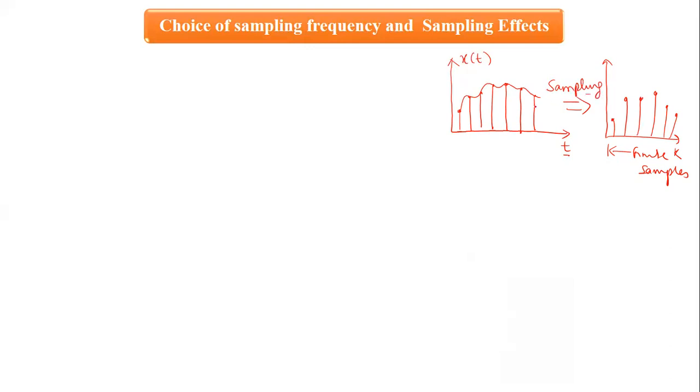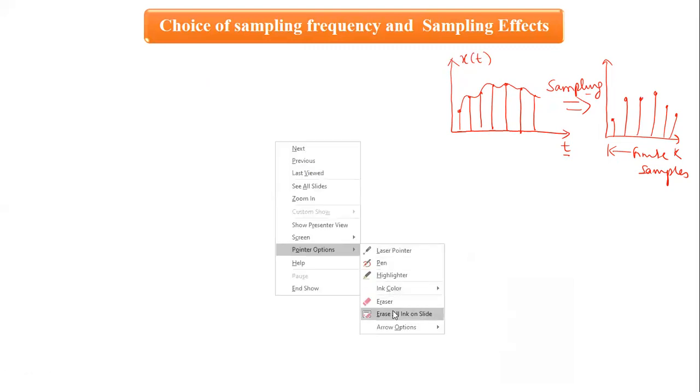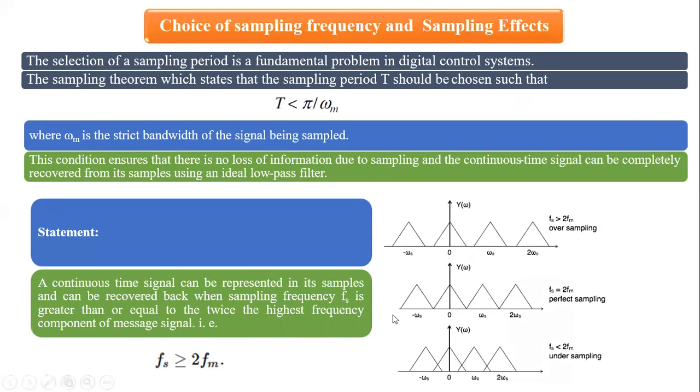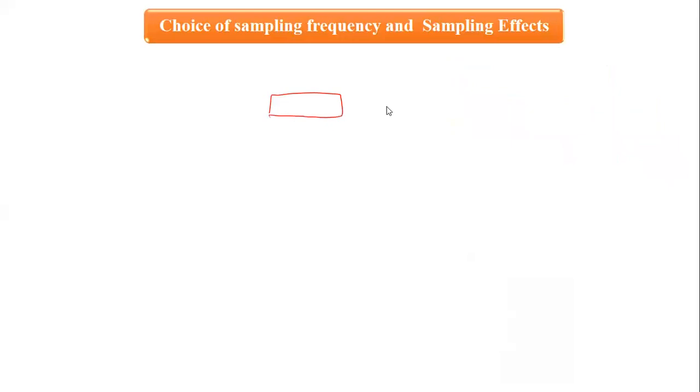But sampling is not as easy as it is being described. We need to take care of certain things while sampling any particular data. The first thing is the sampling rate, the rate at which we will sample the data. That is very important. Why is it important?